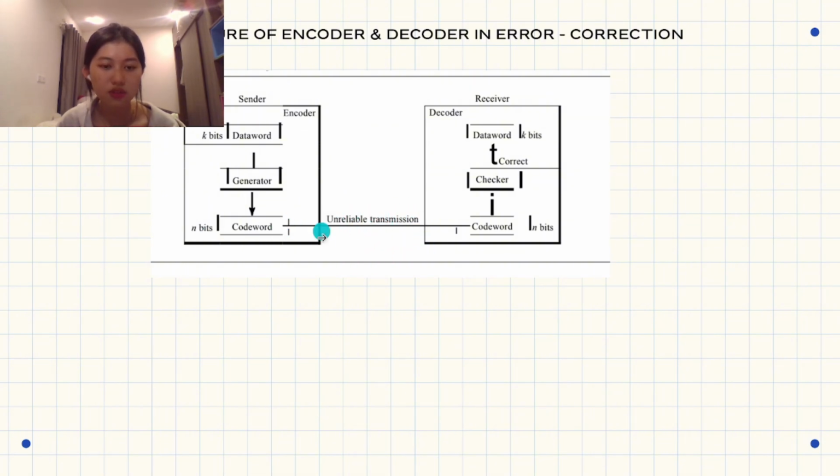Of course, the unreliable transmission has the ability to flip a bit from 0 to 1 or 1 to 0. And at the receiver, there is the Hamming decoder.